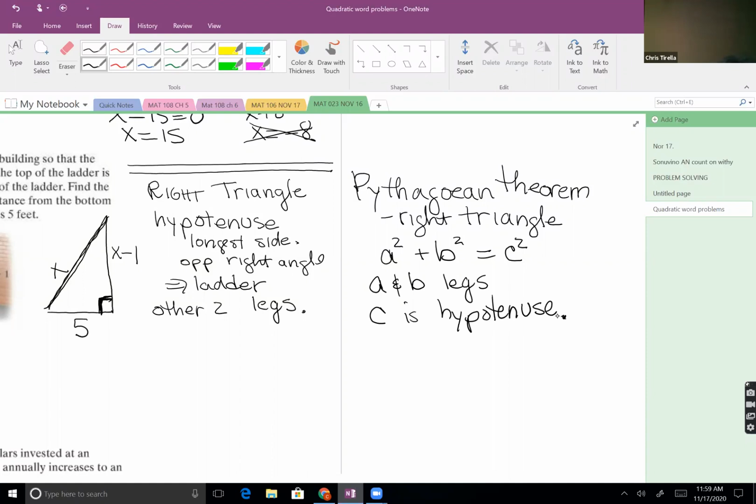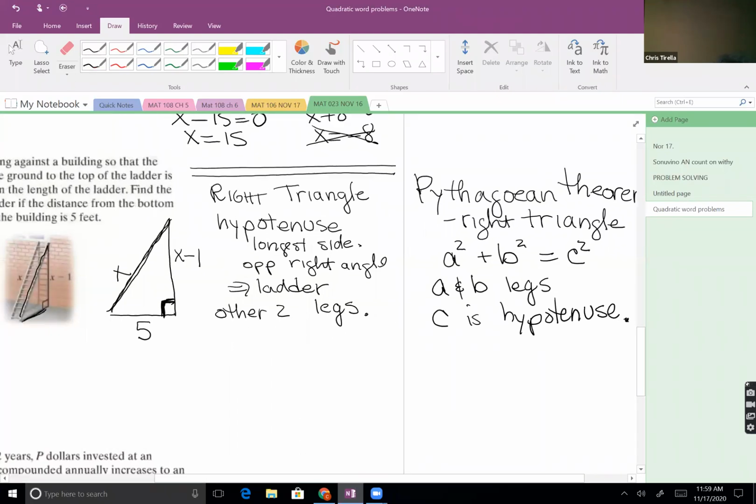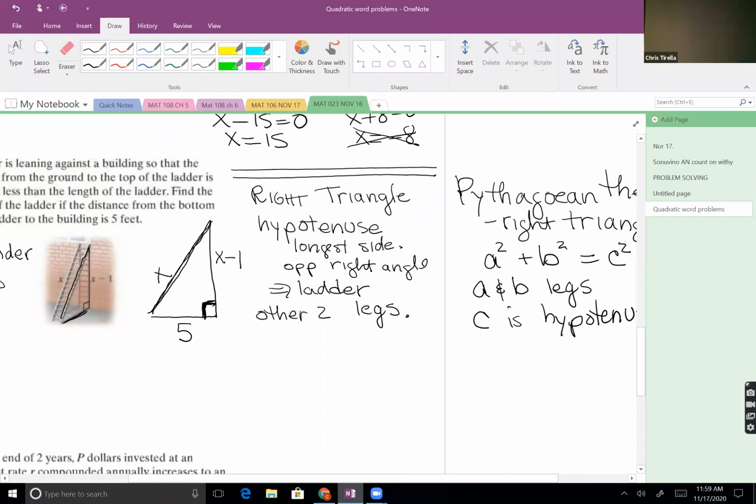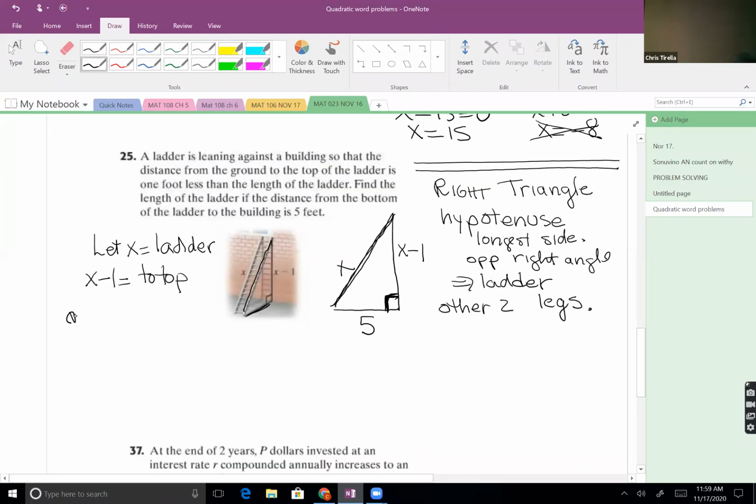And so, going back to the problem at hand, because it's a right triangle, I know that a squared plus b squared equals c squared. C is the hypotenuse, it's the ladder, it's x.